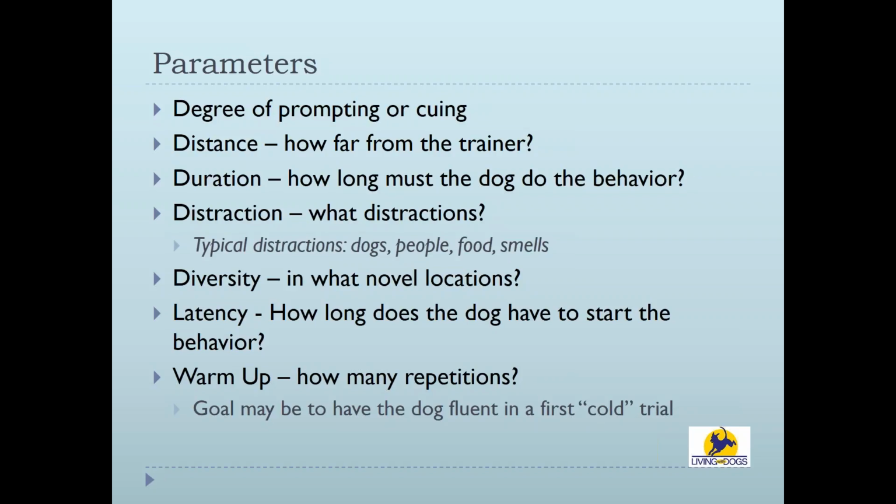And warm-up means how many repetitions you have to do for the dog to be able to do the behavior. So your goal in the end is that they do it the first time you ask. If you're in competition, you don't really get to go out there and warm up before you start competing.